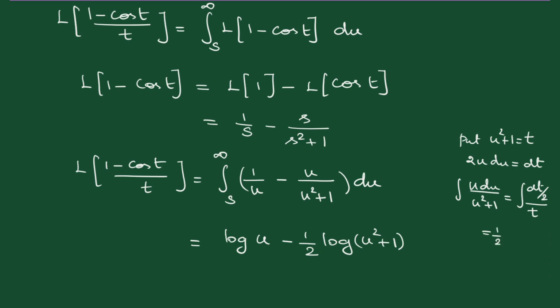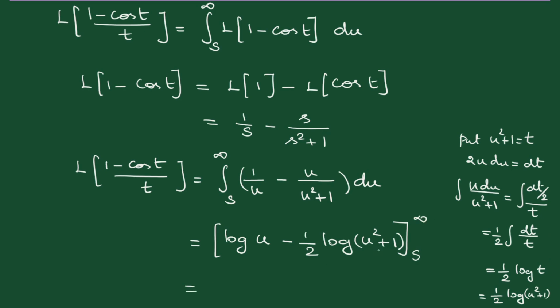So taking 1 by 2 common, integral this becomes dt by t, which is equal to 1 by 2 into log t. So finally log t can be replaced as u square plus 1. So this is equal to 1 by 2 into log of u square plus 1. So this is what directly here I have written as minus 1 by 2 into log of u square plus 1. So this is the integration where the limits are s to infinity.